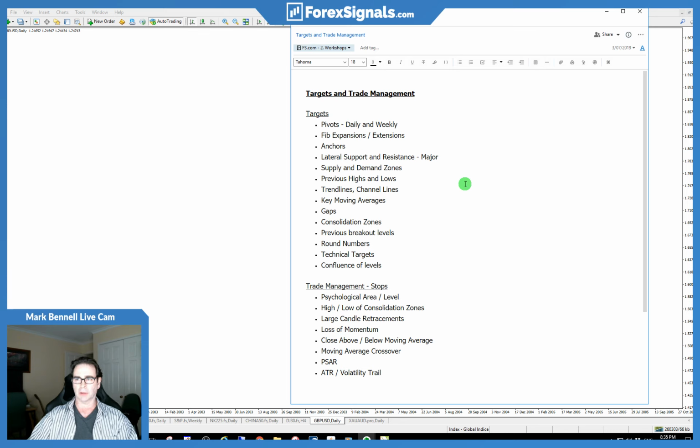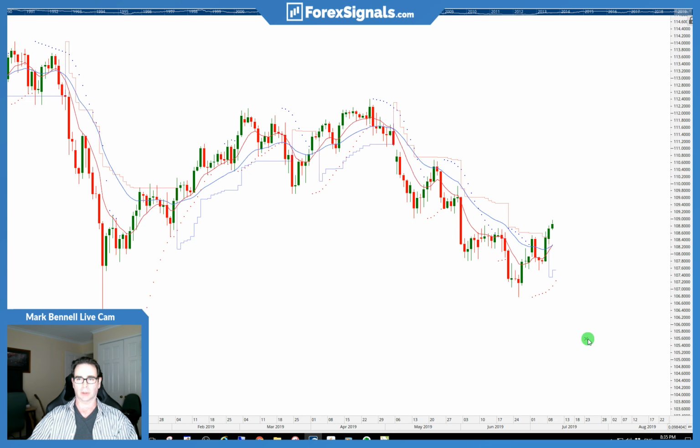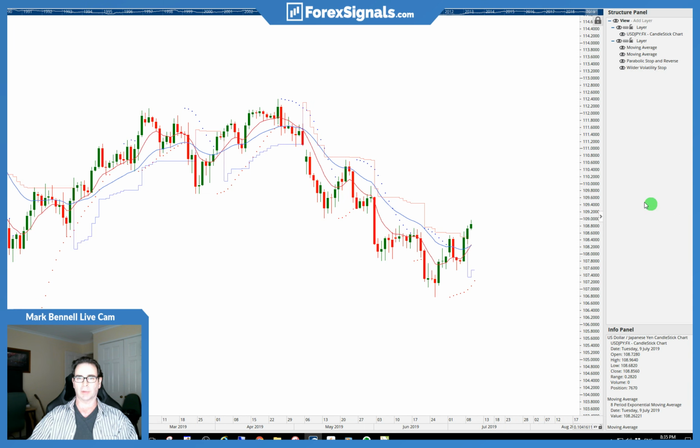G'day Java, slow steady pips. So we actually also looked at, and I showed a couple of examples of, some of the indicator-based trailing stops.